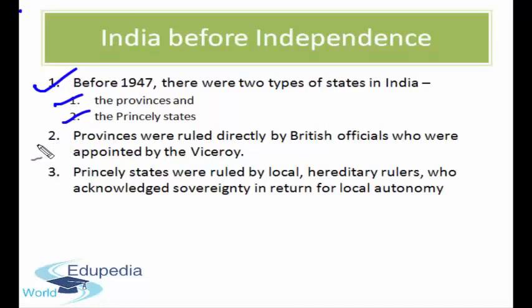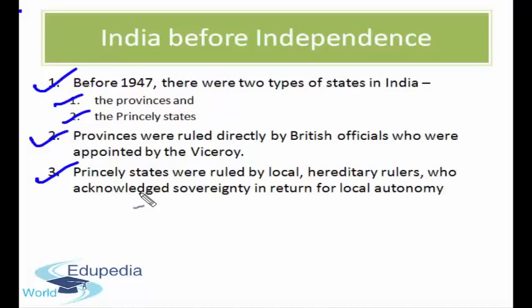First, the provinces, and second, the princely states. So there was no united India. Provinces were the places which were directly ruled by the British officials, who were appointed by the Viceroy. And the princely states were ruled by local hereditary rulers who acknowledged sovereignty in return for local autonomy.